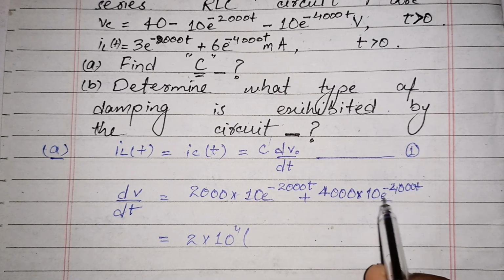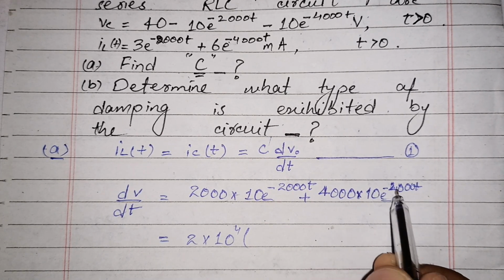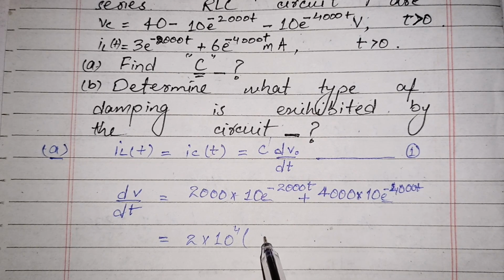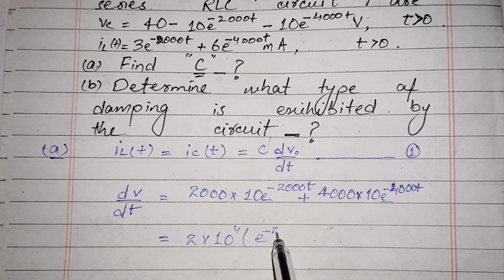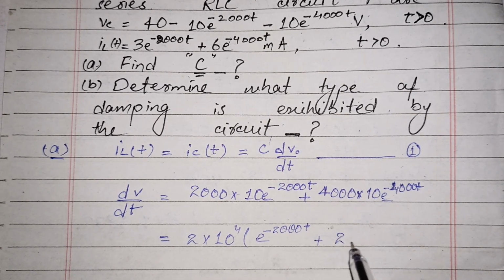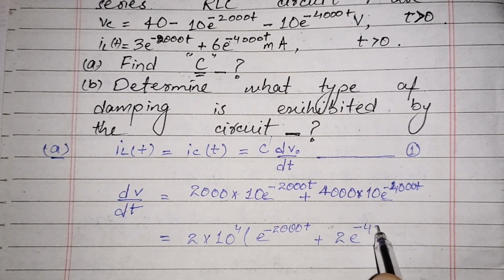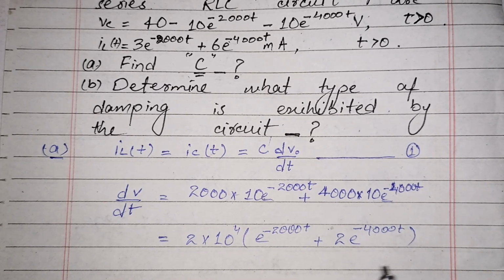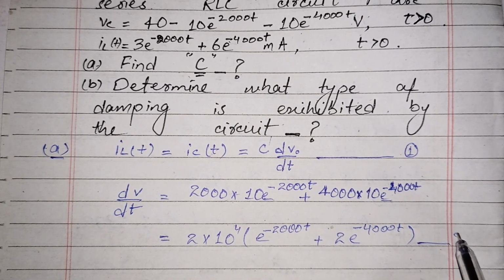This is common from both terms, so e raised to minus 2000 t plus 2e raised to minus 4000 t. We consider this as equation 2.